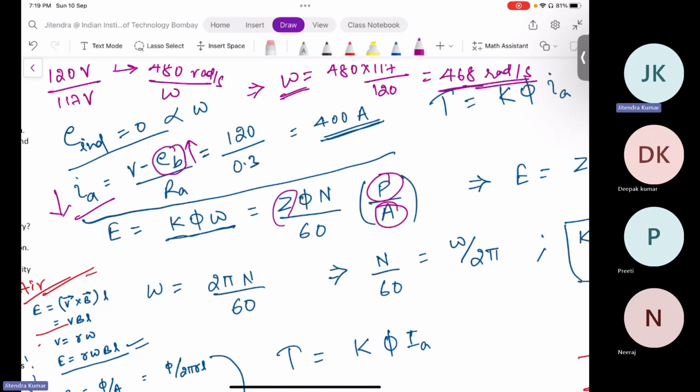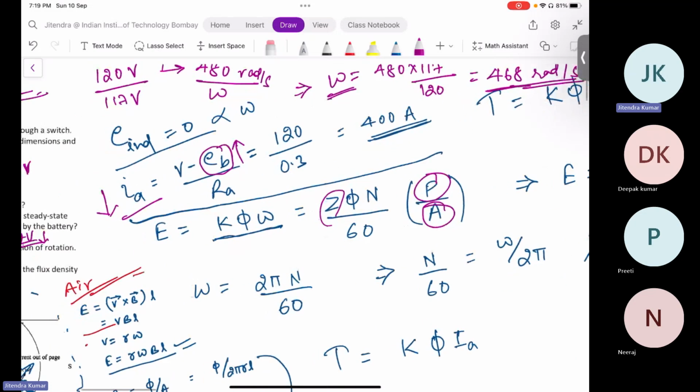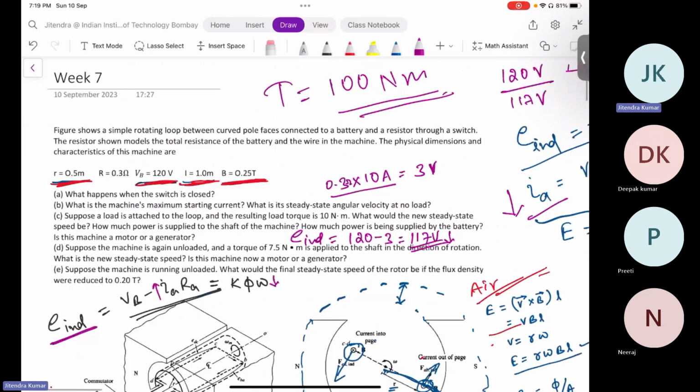That is essentially the load characteristic of this DC motor or DC generator. Is it crystal clear to you? Any doubt in this? If you further increase the current, your speed will further reduce and your EMF induced will further reduce.